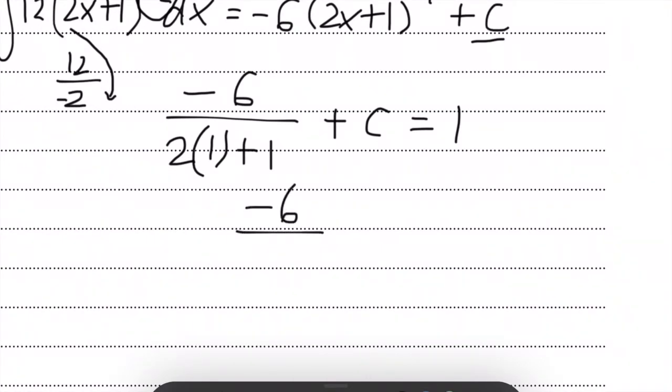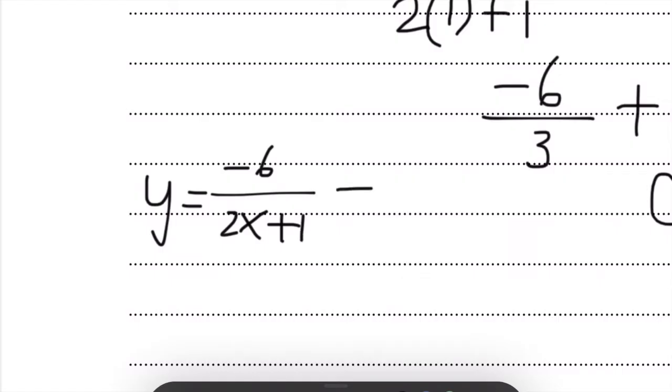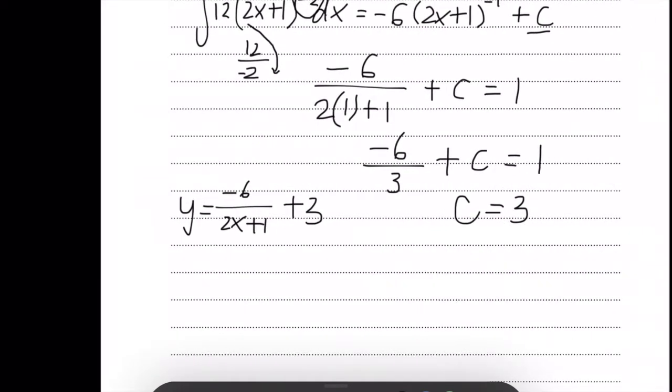You will get negative 6 divided by 3 plus c equals 1. So you will get c equals 3. So your equation will be y is equal to negative 6 over (2x plus 1) plus 3.